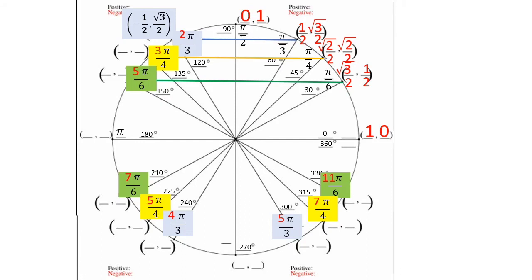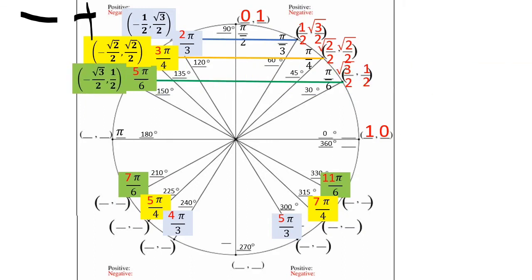So we are in the coordinate system where in this quadrant, you'll have negative x values and positive y values. So it's the same, root 2 over 2 and root 2 over 2, except the x coordinate is negative. And for the pi over 6's, we get the same coordinates, root 3 over 2 and 1/2, except the x coordinate is now negative.